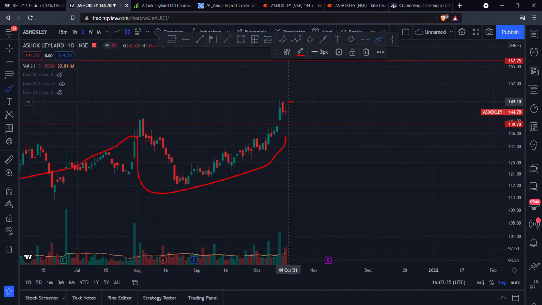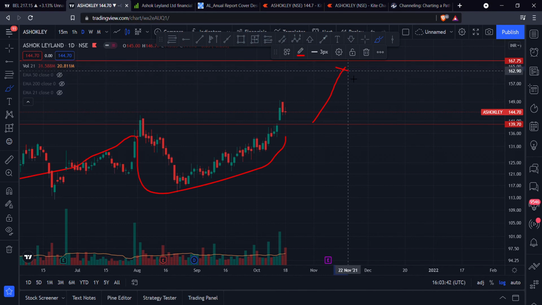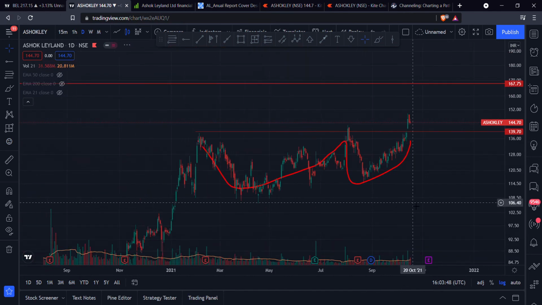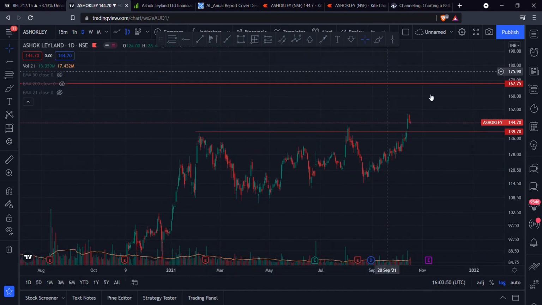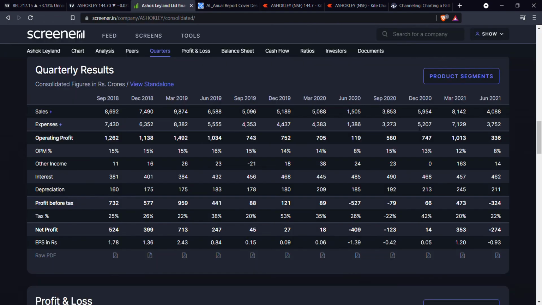As I told you, it can consolidate here, or it can go down and test this level and then head up again. So this was the small techno-funda analysis of Ashok Leyland, where we combined the chart with the financials.